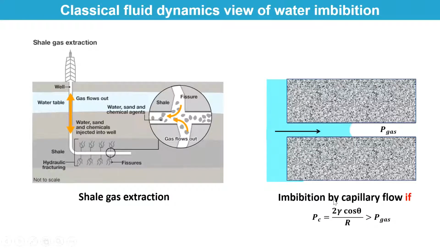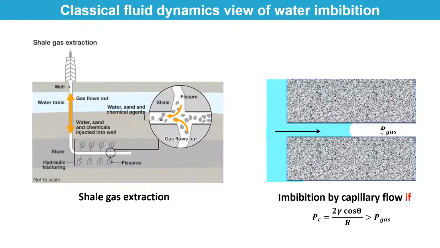Now if the capillary pressure is higher than the gas pressure, then classical fluid dynamics will predict the emergence of what we call capillary flow. This capillary flow will pull the water molecules from the environment into the pore, and as such store the water there.